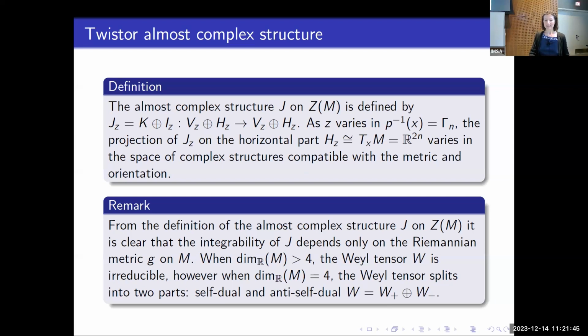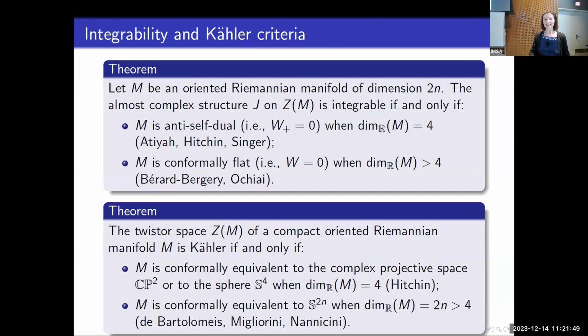And here is the actual answer. This is the famous celebrated result by Atiyah, Hitchin, and Singer. In real dimension 4, the almost complex structure on the Twistor space is integrable if and only if M is anti-self-dual.